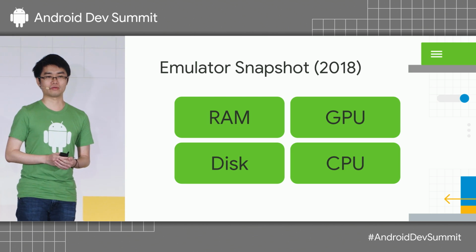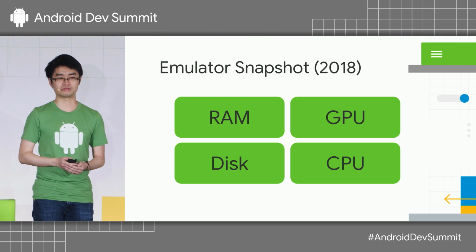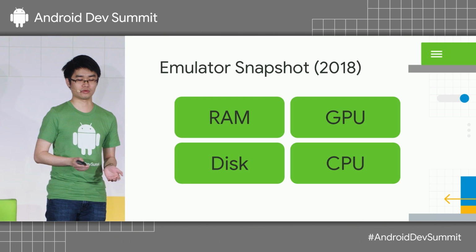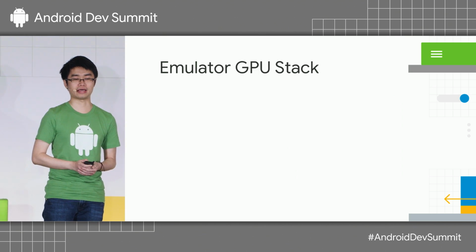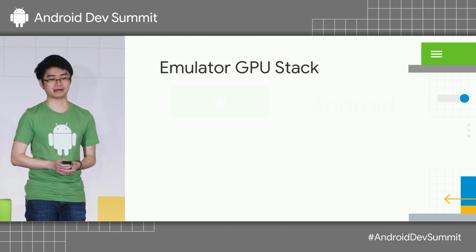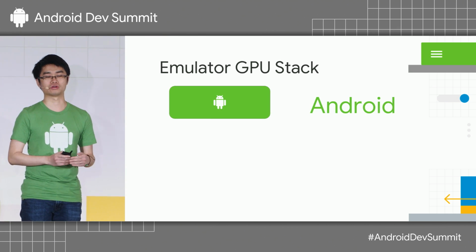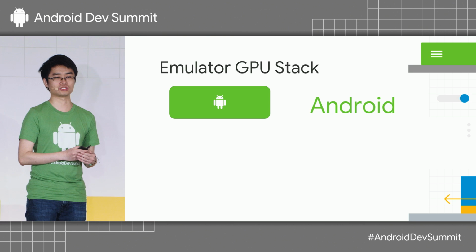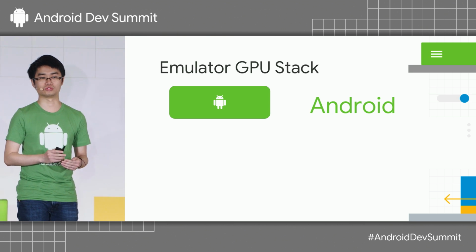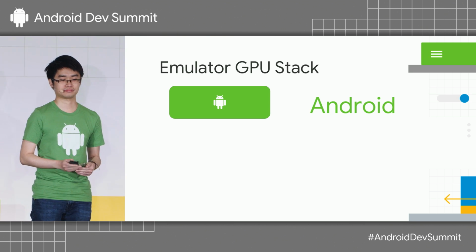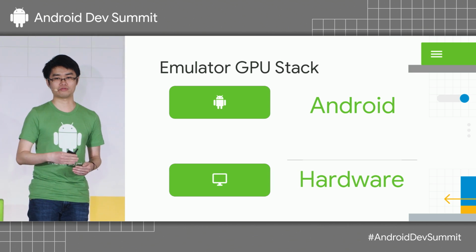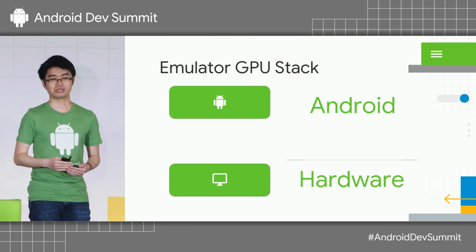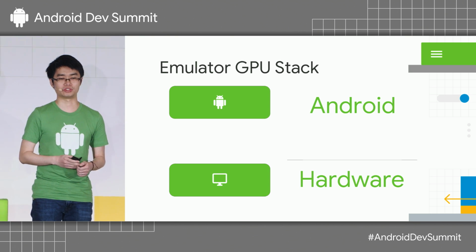So if you look at what was happening behind the scene for this hardware GPU snapshot support, here is the emulator GPU stack. At the highest level, you got the emulated Android OS, which issued GPU commands. At the lowest level, you got your hardware graphics card, which accepts and executes GPU commands.